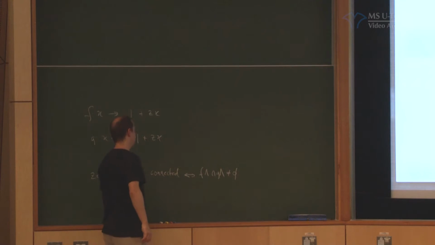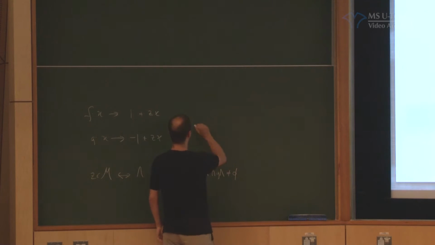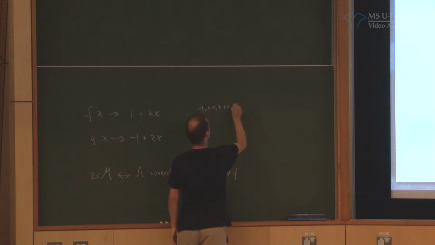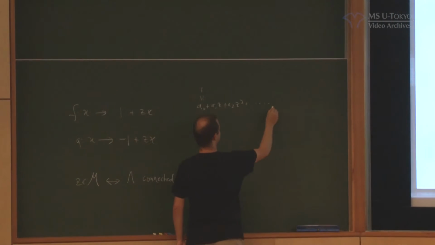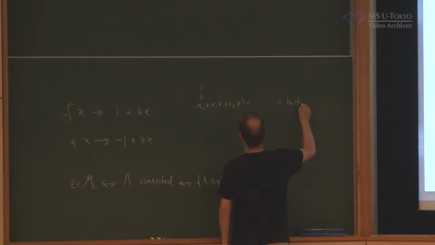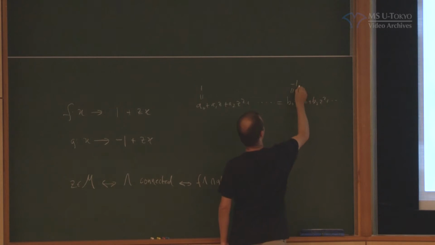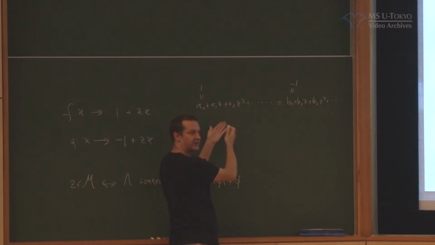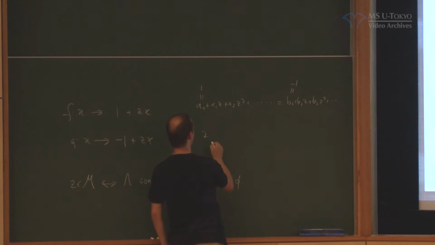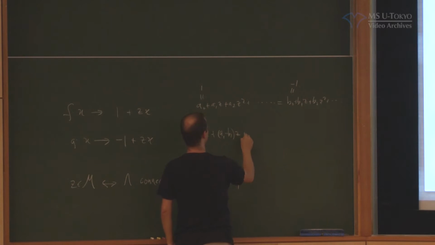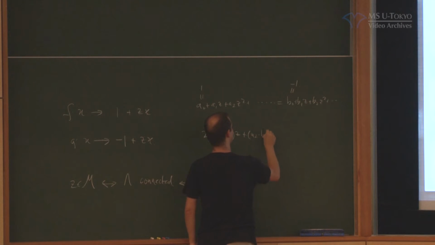So let's suppose that this is true. We've got some power series a0 plus a1z plus a2z squared plus and so on, where a0 is 1, equal to b0 plus b1z plus b2z squared plus and so on, where b0 is minus 1. Take the difference. The difference is 2 plus (a1 minus b1)z plus (a2 minus b2)z squared plus and so on.